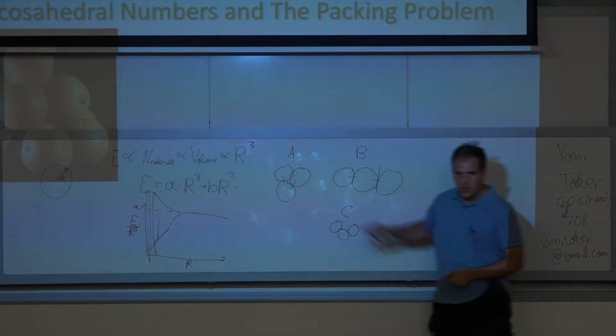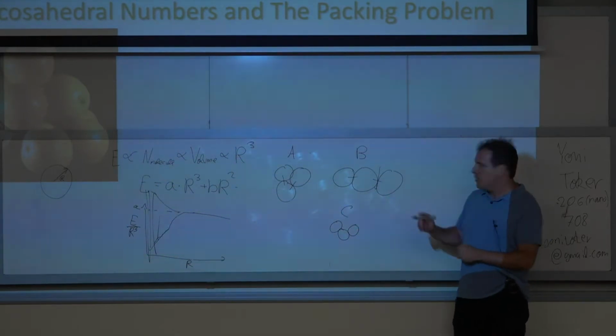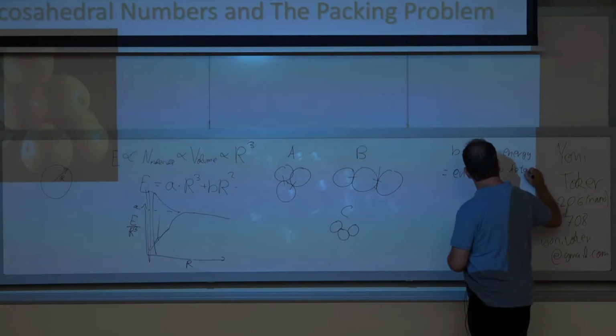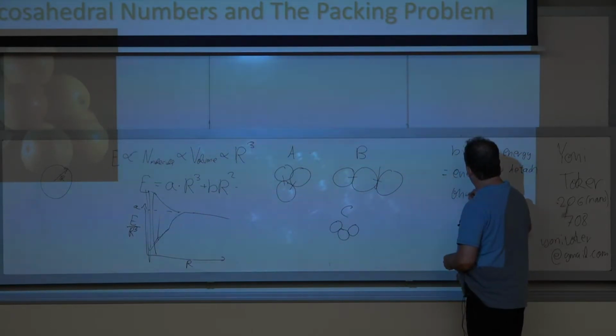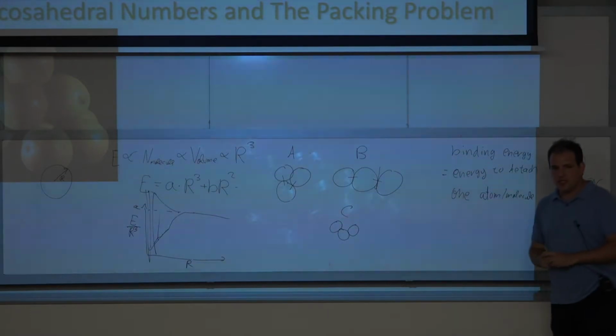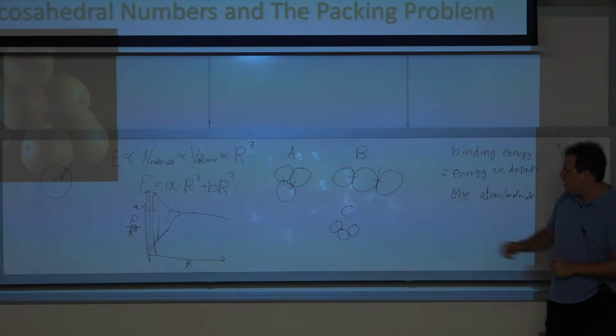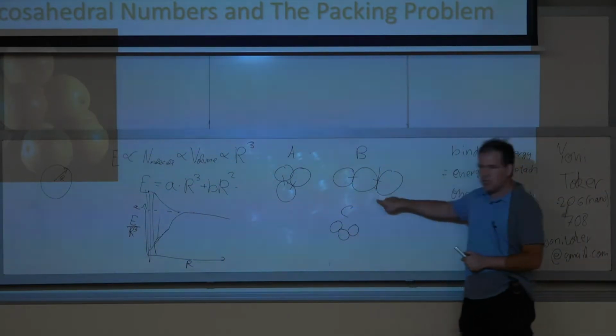So if we define the binding energy as the energy to detach one of the units, or one of the atoms, or one of the molecules, then this one will have twice the binding energy as this one.